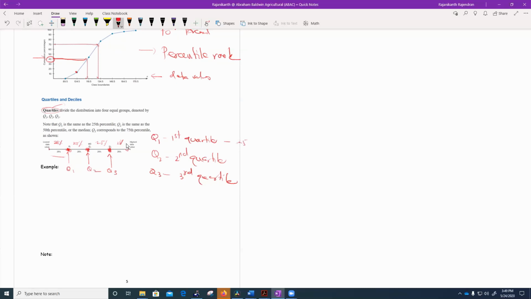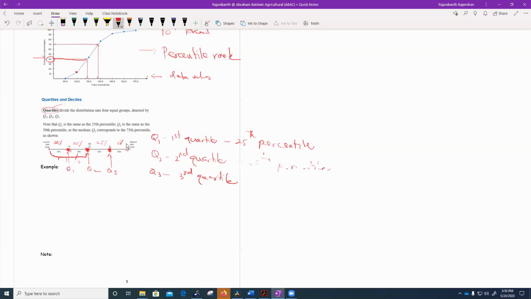Therefore, Q1 is nothing but the 25th percentile. Q2 is exactly the midpoint of the entire data values, right? Therefore, Q2 will consist of the first 50 percent of your entire data set, so this is the 50th percentile.